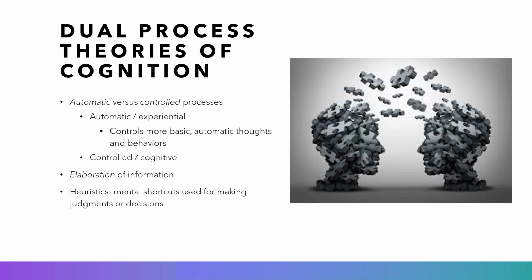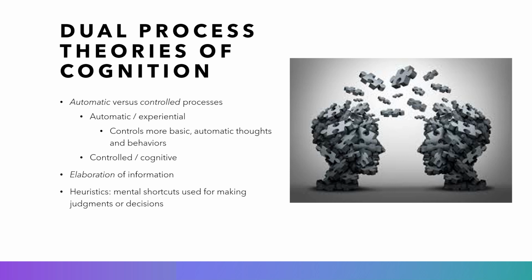The interesting thing about dual process models is that in addition to automatic processes, there are controlled processes. Controlled processes stem from the cognitive system, and the cognitive system of thought is based in logic and rationale.